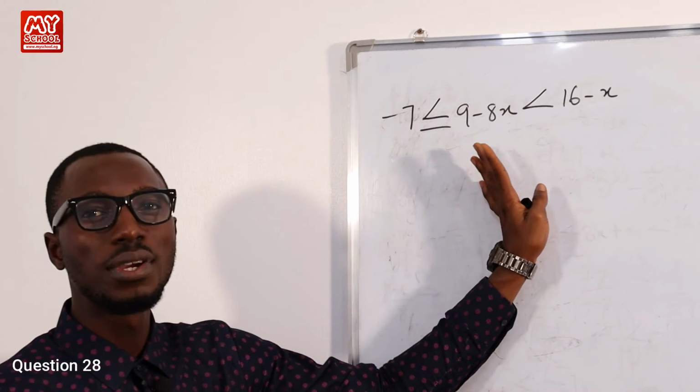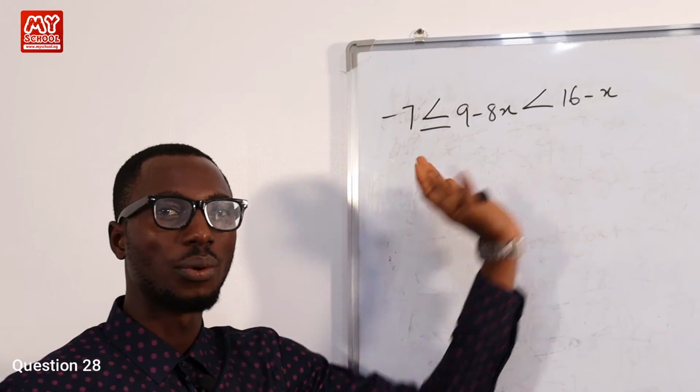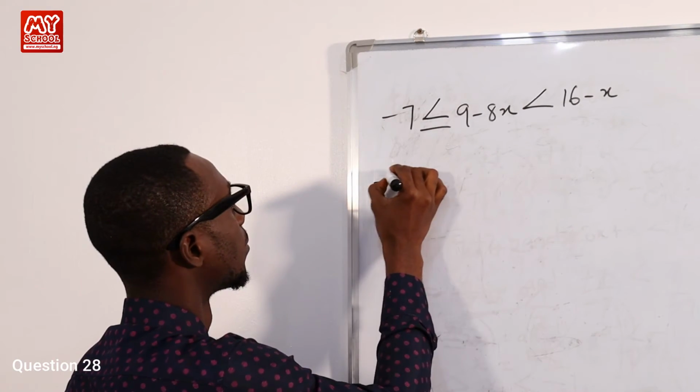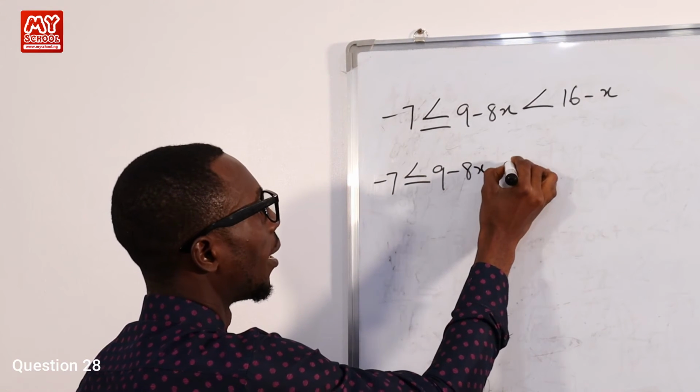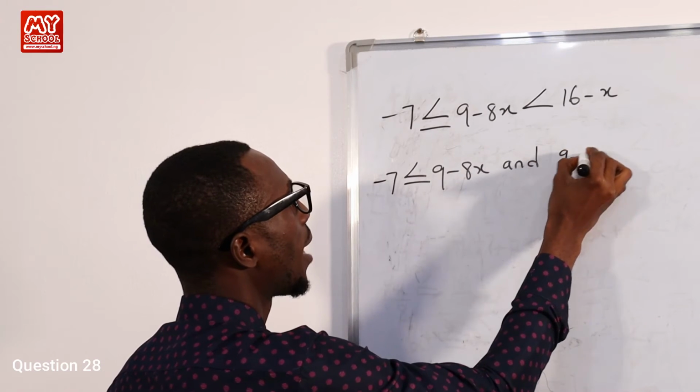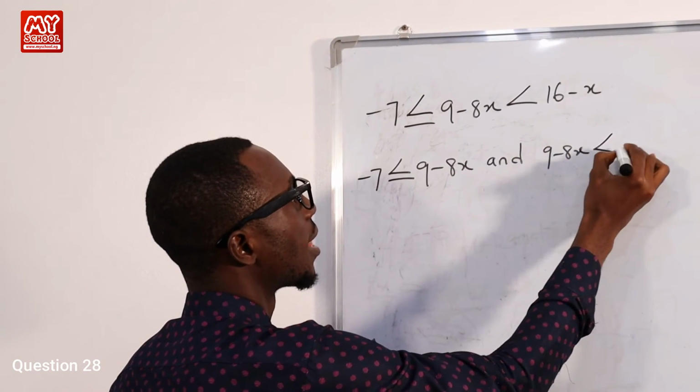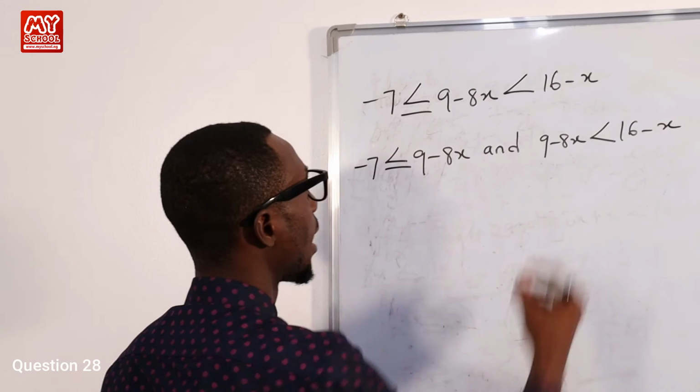So we can derive two inequalities from this given. Minus 7 is less than or equals to 9 minus 8x, and 9 minus 8x is less than 16 minus x.